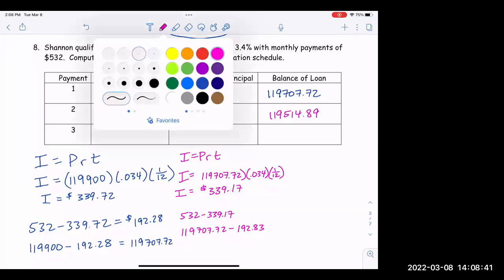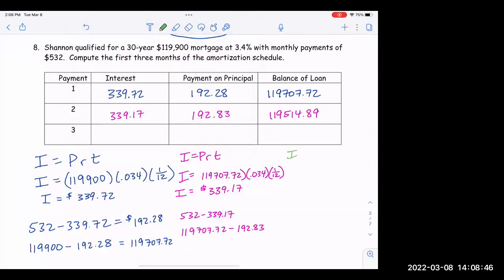All right, let's just do the third line then. So the new balance, the new principal, $119,514.89. Same interest rate, 0.034. This is still for just 1 month, so 1/12 of a year.